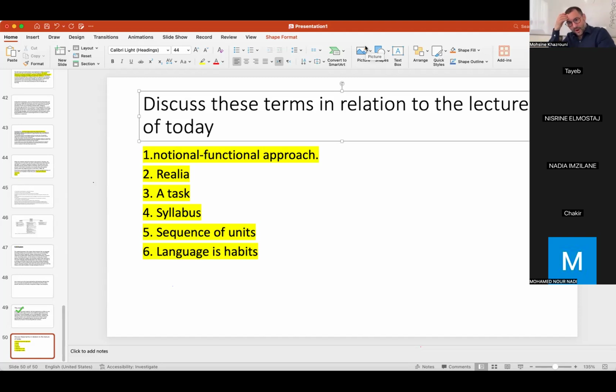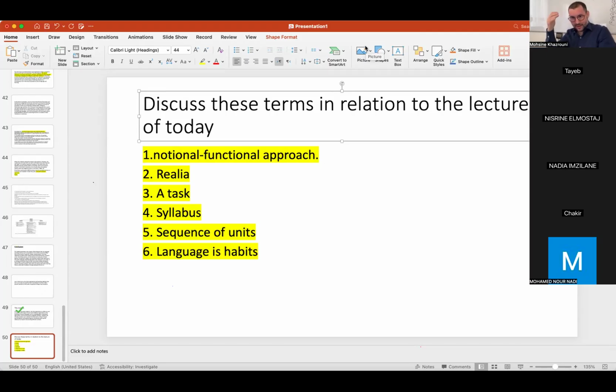Professor, can I answer this question? Yeah, Shakir and then Mohammed. For errors, related to language is a habit, they are corrected immediately, because if the learner repeats certain errors, they also become a habit. So they are corrected immediately if they are performed. Which method is this? Audiolingualism. What about communicative?